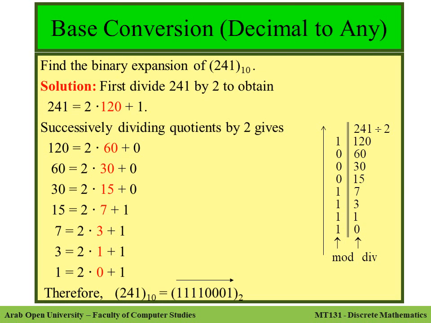You keep doing this until the last remainder, which is when you get a quotient of 0, that will give you the last number in the binary representation. Then the number 241 in decimal notation is equivalent to 11110001 in base 2.